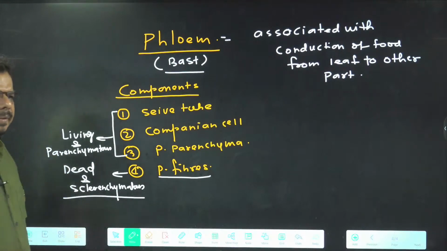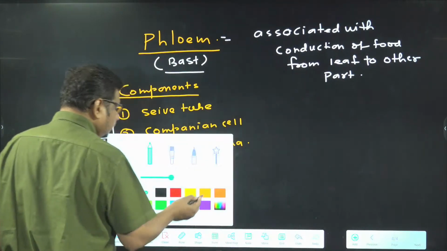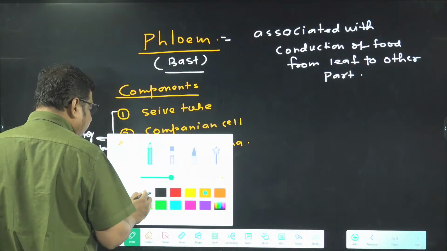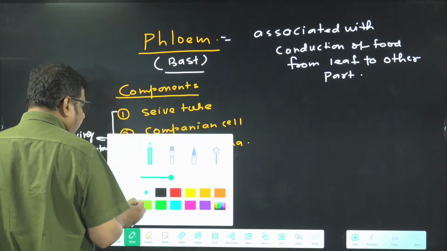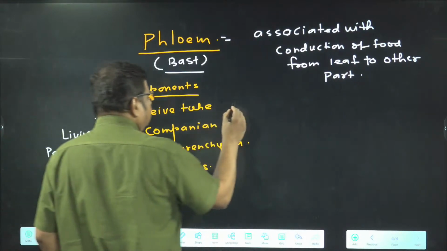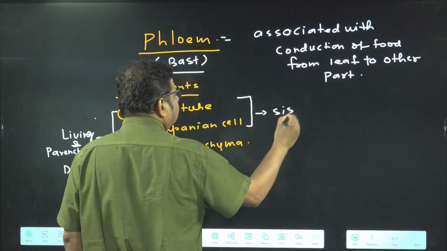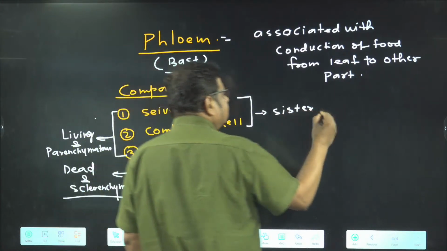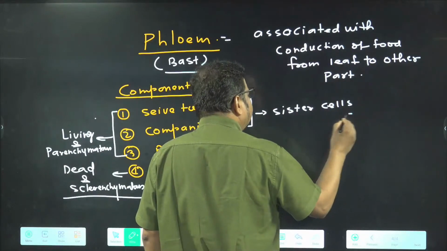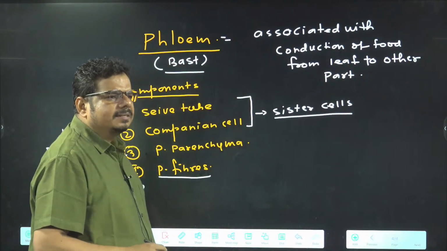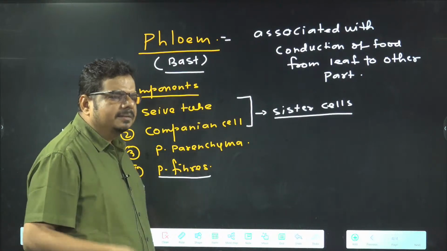Okay, now have a look. If we talk about sieve tube and companion cell, these two cells together are called sister cells. Why are they called sister cells? Reason: they have the same mother.